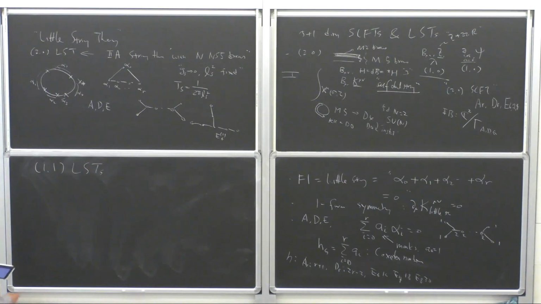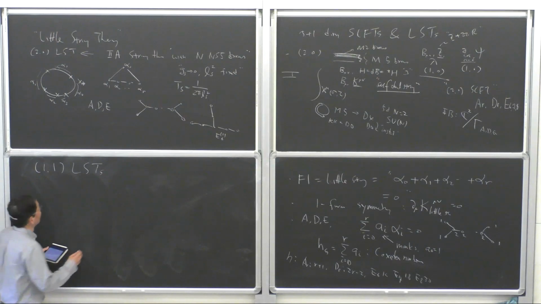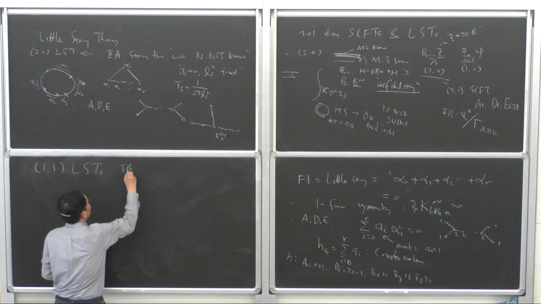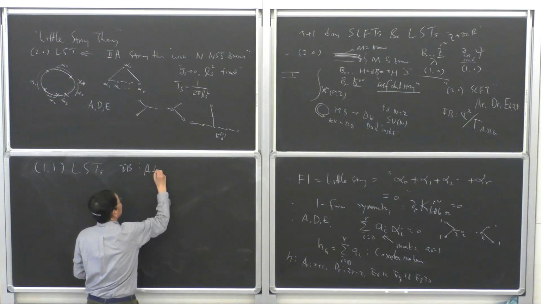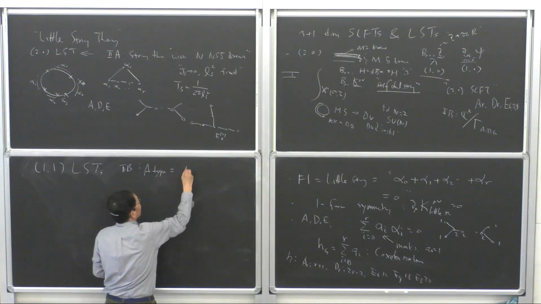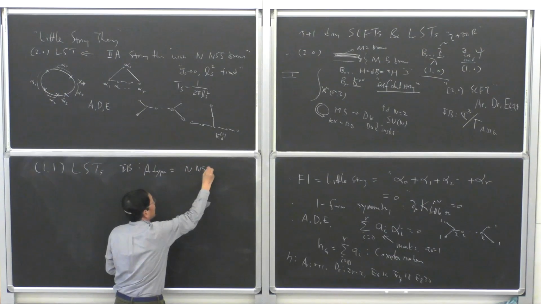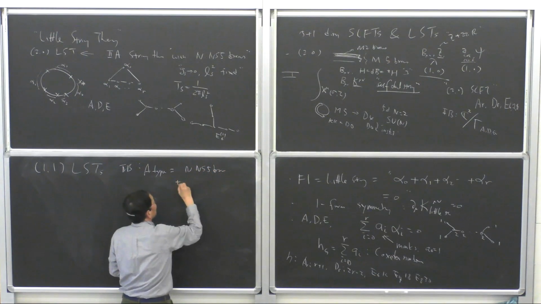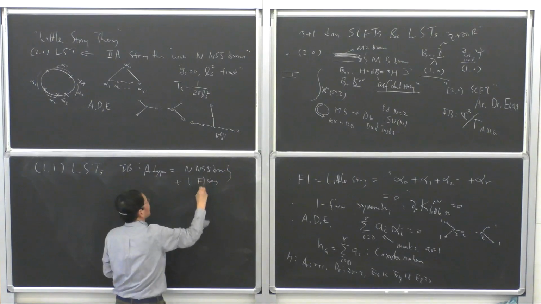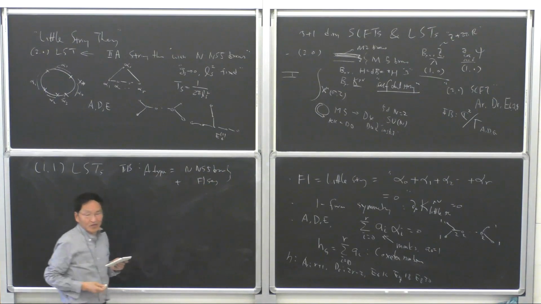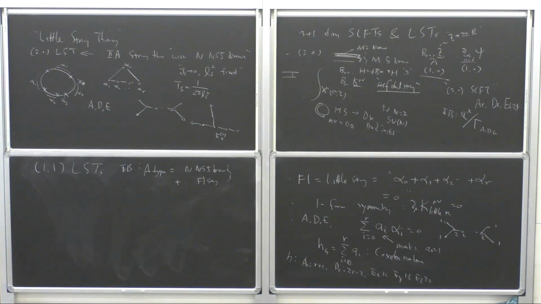So the 1,1 little string theory in 2B setting just comes from A type. Again, NS5 branes plus one fundamental string. So physics on NS5 branes in 2B theory seems to be very complicated, but we cheat by using S dualities.